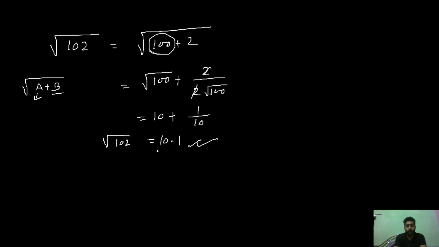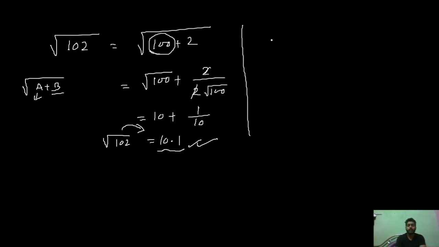So here the answer is 10.1. The original answer can be 10.1245 and so on, but the approximation answer is 10.1. So those are the ways we can find square root of a number which is not a perfect square.